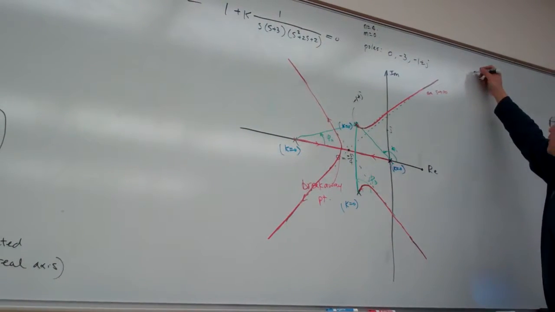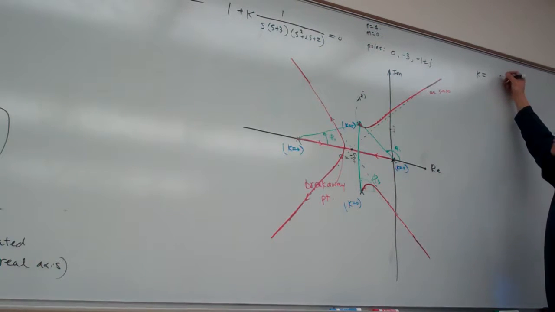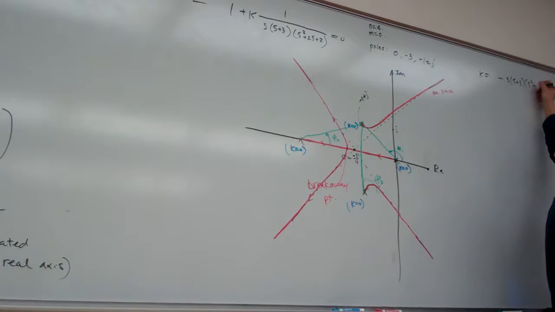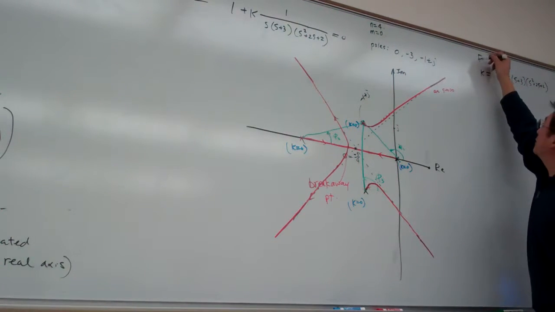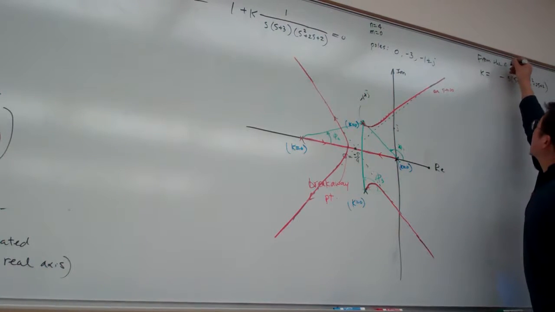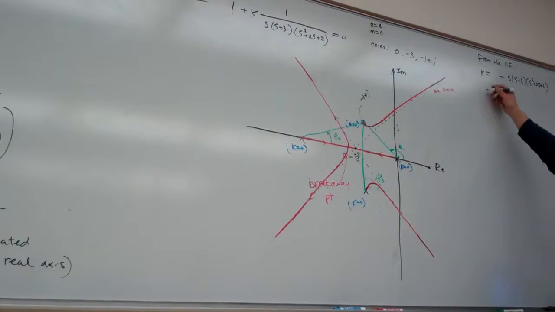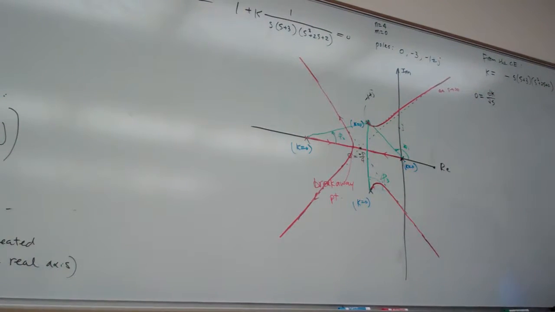From here we know K is equal to minus (s plus 3)(s squared plus 2s plus 2), from the characteristic equation. We ask the derivative of this to be equal to 0.